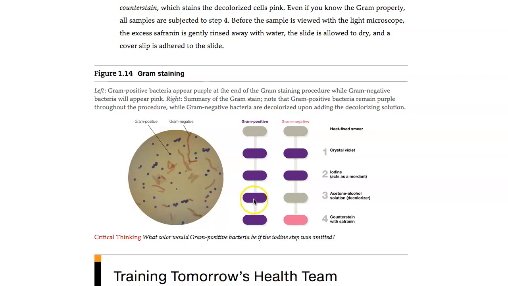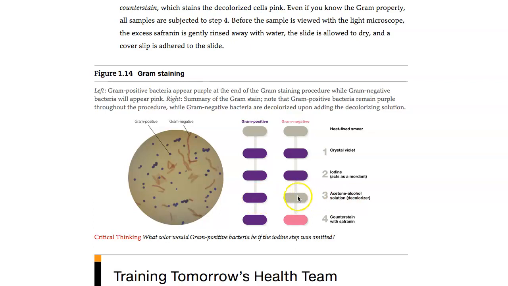So when you wash away the lipid layers with this acetone alcohol decolorizer, you're not going to affect the gram-positive cell wall because it has so many layers of the polymer peptidoglycan, which is unique to the bacterial system. So it's a peptide-based polymer that's resistant to the acetone alcohol, and therefore the cells retain the stain.